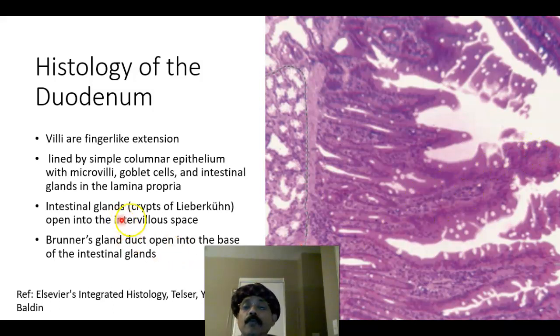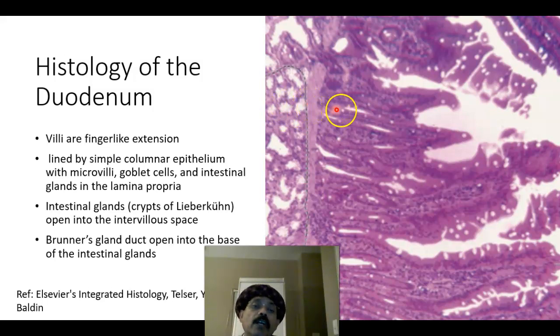Okay, so we have the intestinal glands. These are tubular glands. We call them the crypts of Lieberkuhn. This is the crypt of Lieberkuhn. This is the submucosal gland, or Brunner's gland. Brunner's gland opens into the base of the crypts of Lieberkuhn. It penetrates the muscularis mucosa.